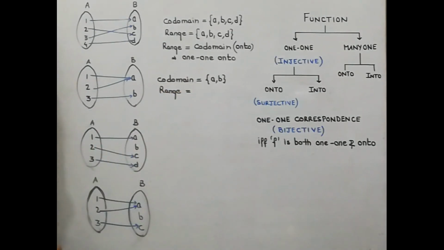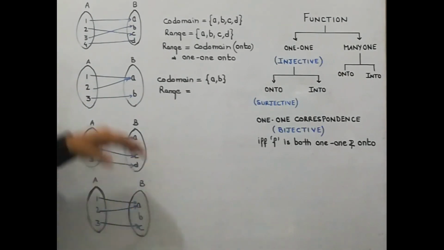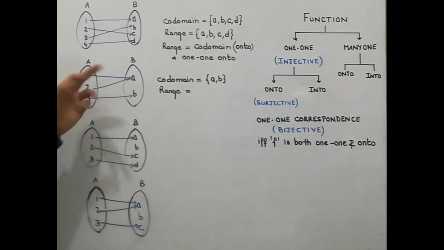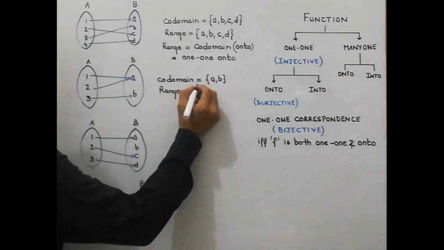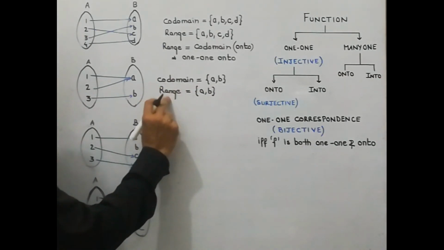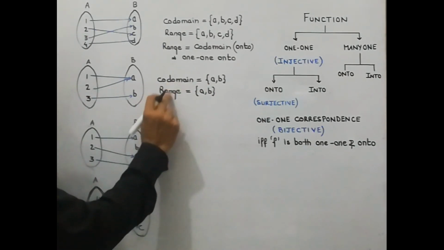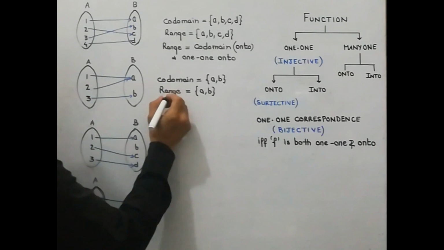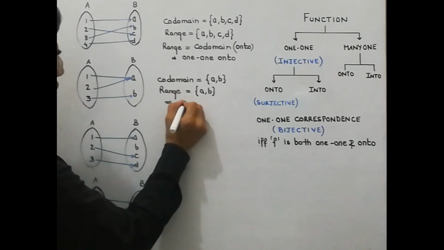Now range will be the elements of codomain which have pre-image. A is having the pre-image, B is also having the pre-image, so we can say range is A and B. So here codomain and range both are equal, so that means this is onto.